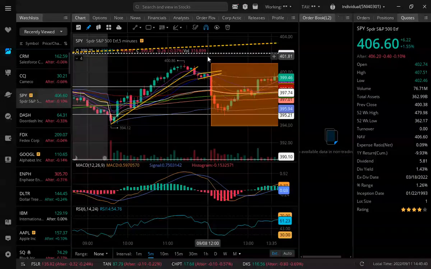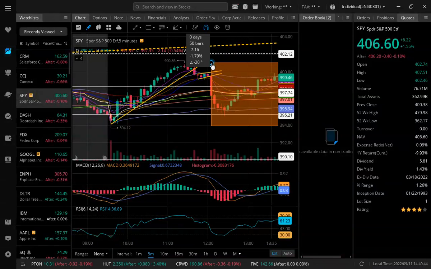Okay, so now we're forming a bear flag. Now we're waiting for a break below this bear flag.